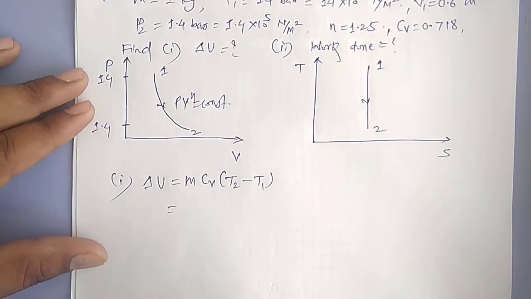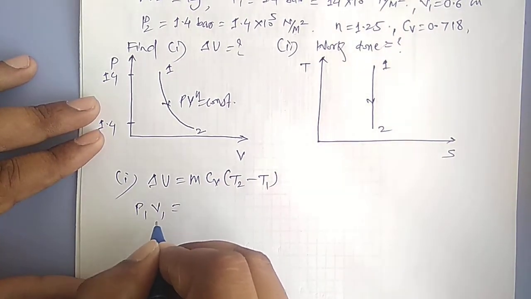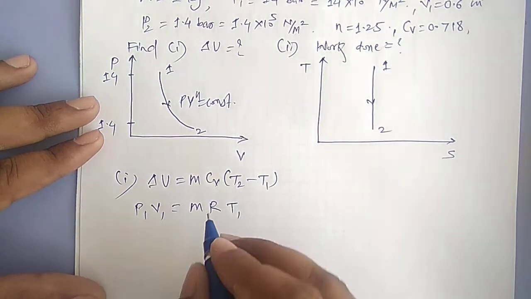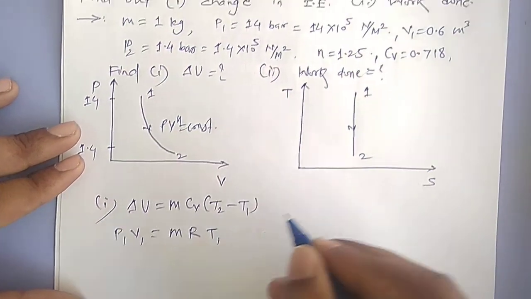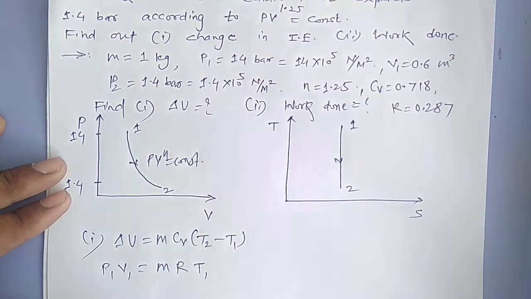For that we know the ideal gas equation, which is P1 V1 equal to m R T1. The value of R for air is 0.287.